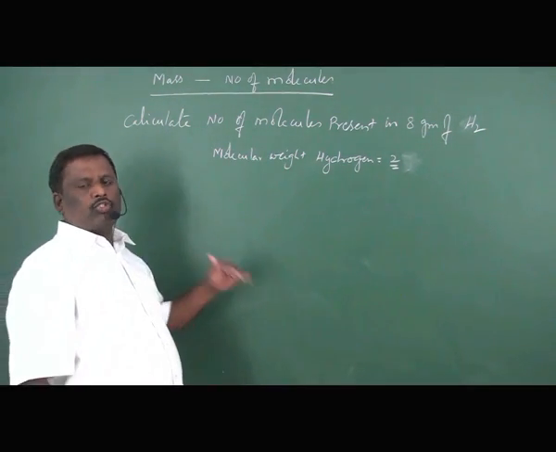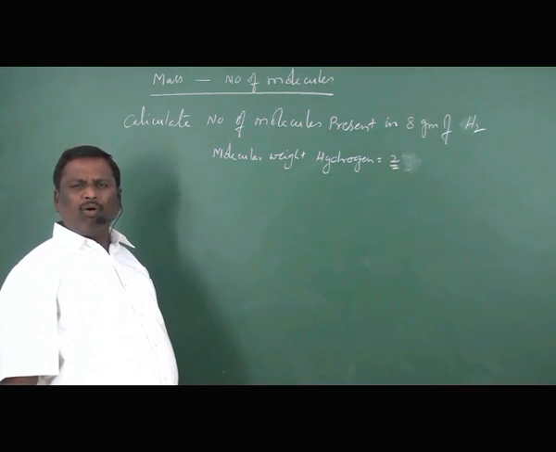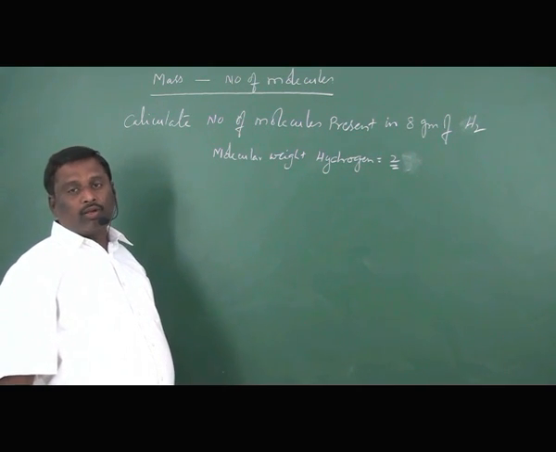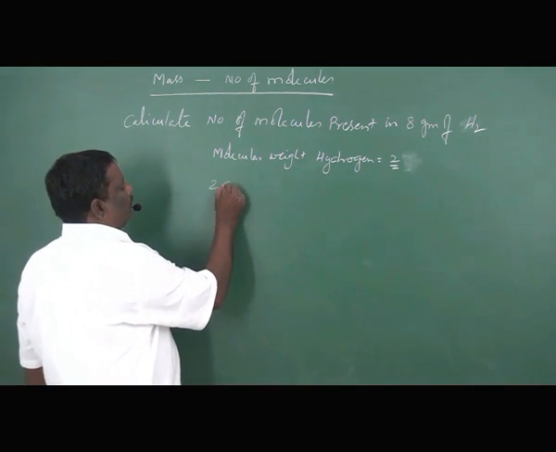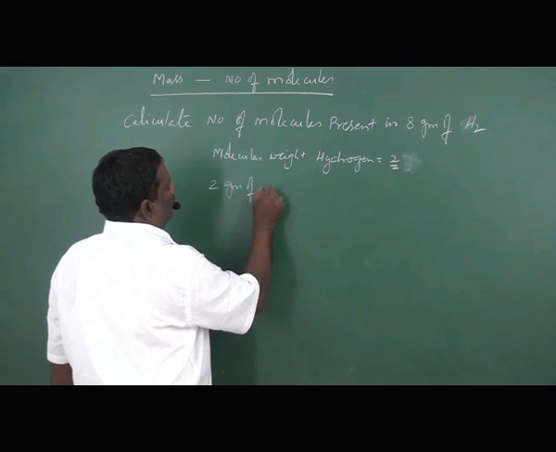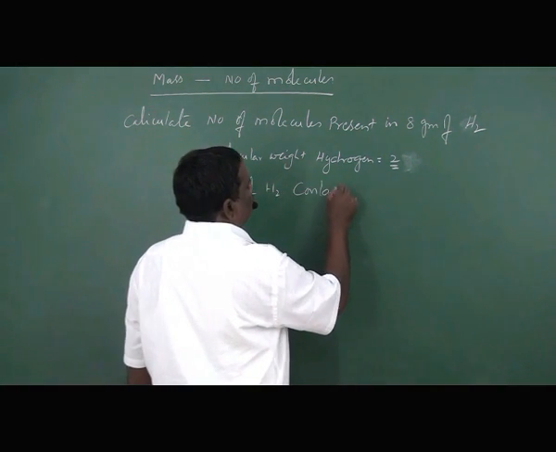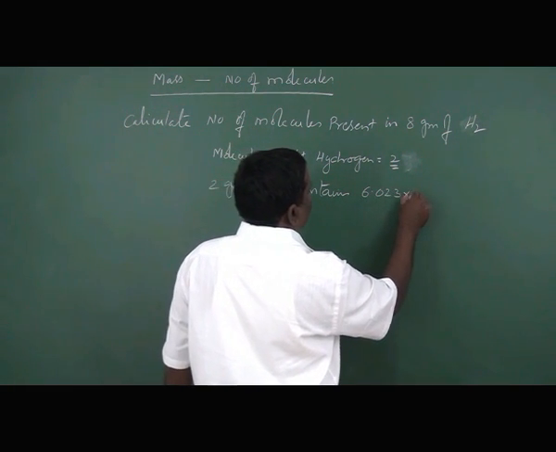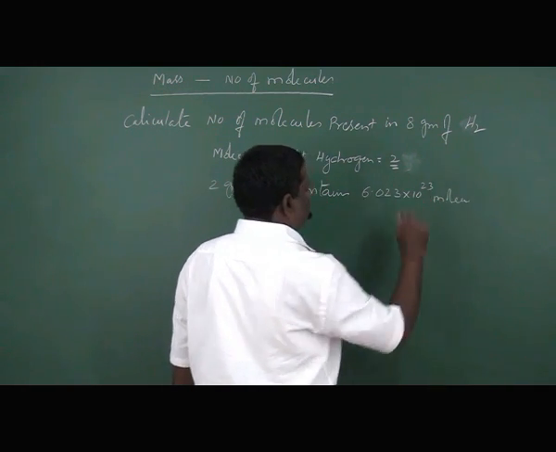If its molecular weight is 2, then 2 grams is its gram molecular weight or gram mole or mole. We know that 1 mole of any gas will contain Avogadro number, that is 6.023 into 10 to the power 23 molecules. So here 2 grams of H2 contains 6.023 into 10 to the power 23 molecules.